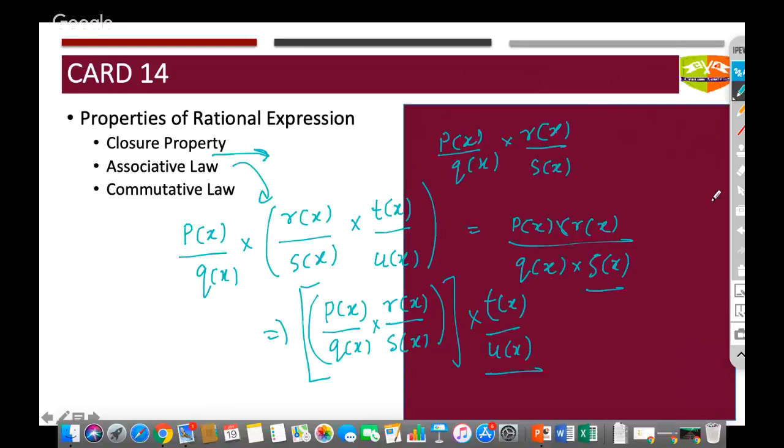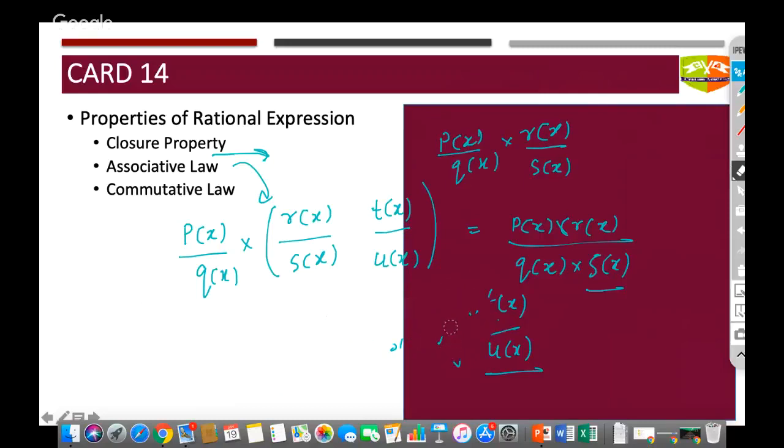So if I change this, I'm changing only this here, and I change this to a positive sign here for the distributive law.